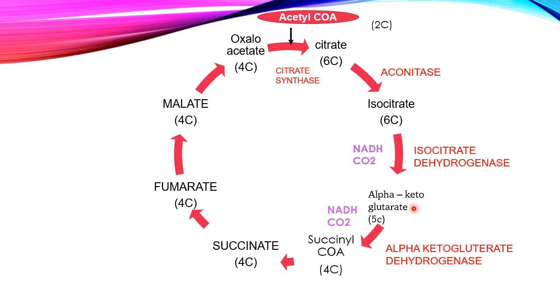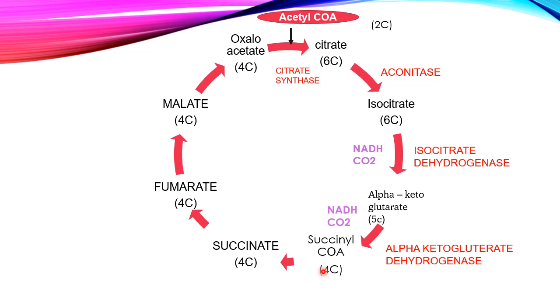When alpha ketoglutarate is decarboxylated, it combines with coenzyme A to form succinyl-CoA. This coenzyme enters the cycle over here and forms succinyl-CoA.